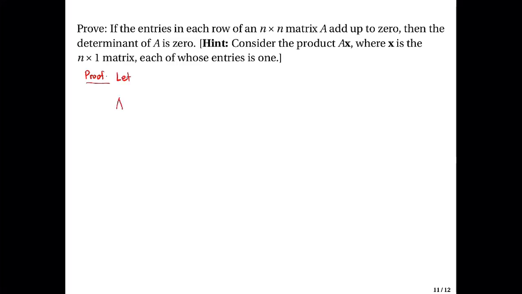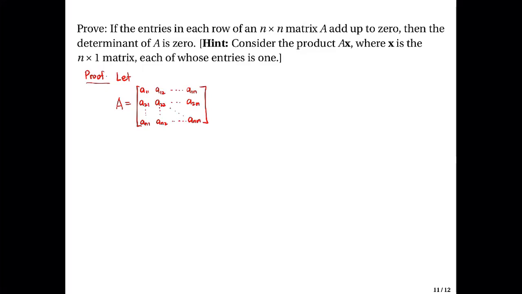Let's just have A here be the matrix. So we need an n by n matrix. So A11, A12 until A1n, A21, A22 until A2n, we do this, we have An1, An2, and then we have Ann.